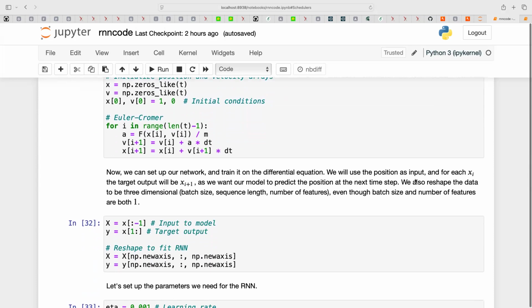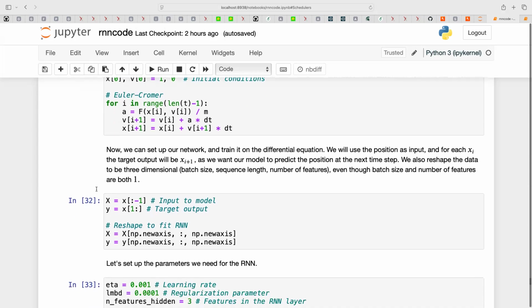So that's the input. I have solved this equation numerically with an Euler-Cromer, which is also not the best method. But then I use the positions which I get as an input to the network, the x's. And then the thing I want to reproduce is obviously the velocity. So this is the answer provided by Euler-Cromer.